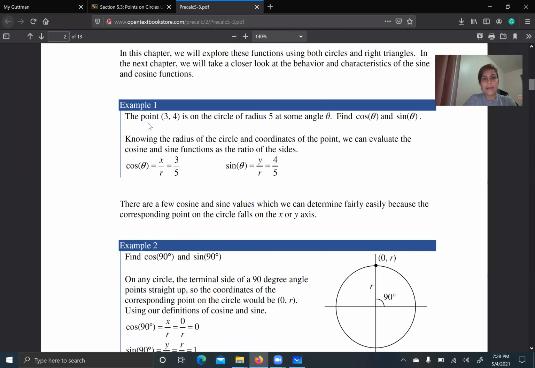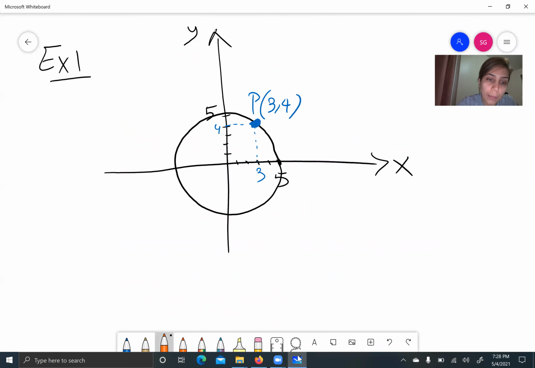Okay, the question says the point (3, 4) is on the circle of radius 5 at some angle theta. So we know that this corresponds to some angle, and we can draw it. Just connect the origin to this point, that's theta. Theta is the angle between the x-axis and the terminal side.